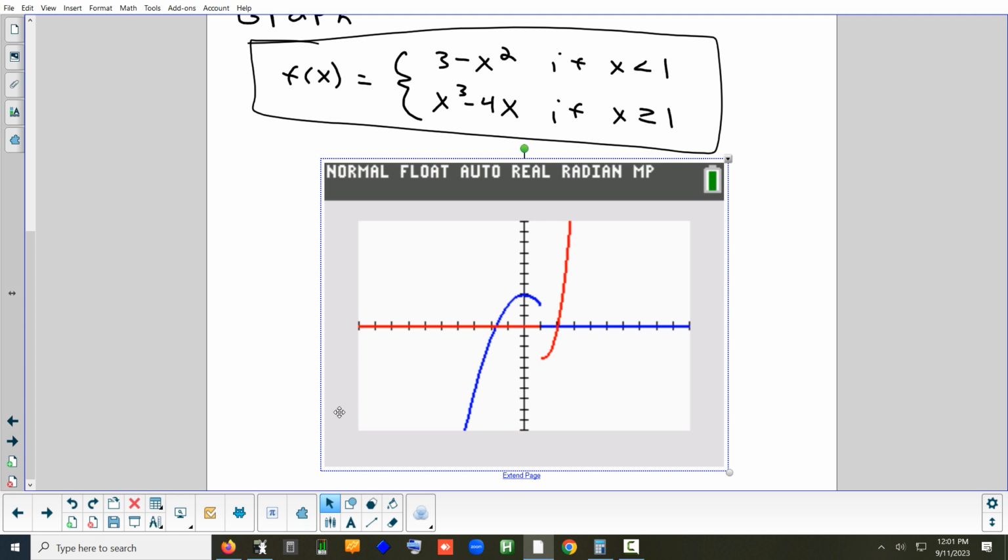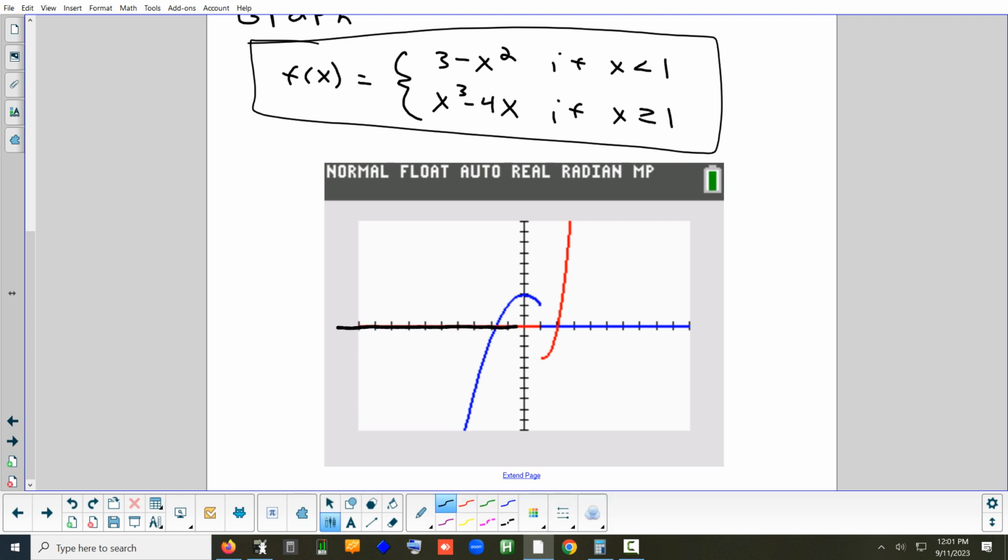There shouldn't be anything above the number 1 in blue, but the calculator can't do it that way. So what I do is if I just color over this in black, that is exactly how it should look. It's a parabola up until the number 1, and then at the number 1, it switches to a different function.